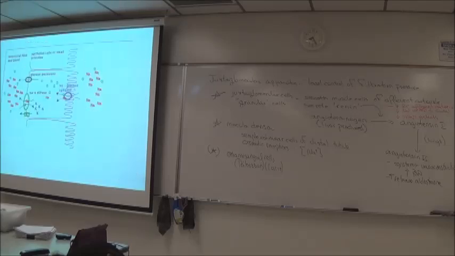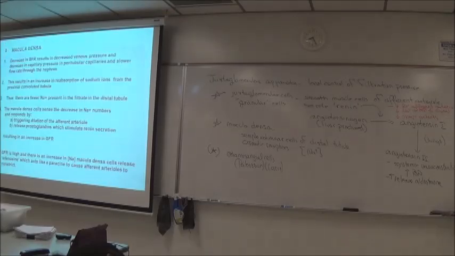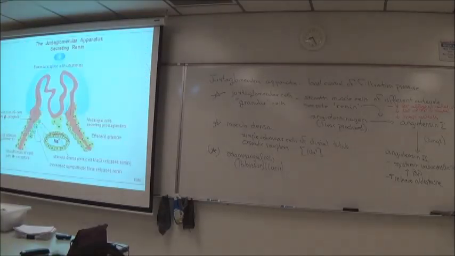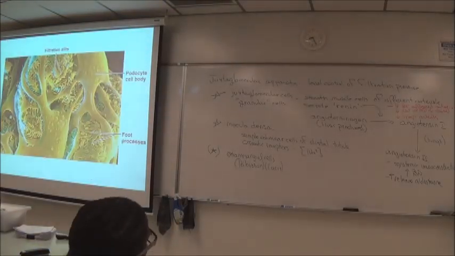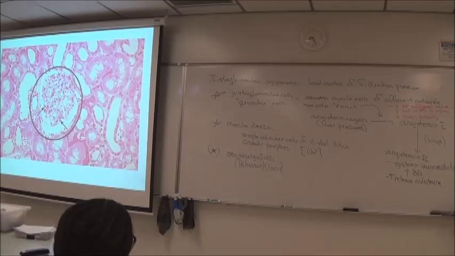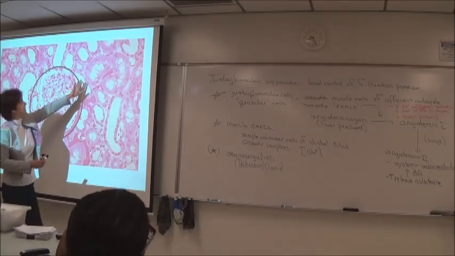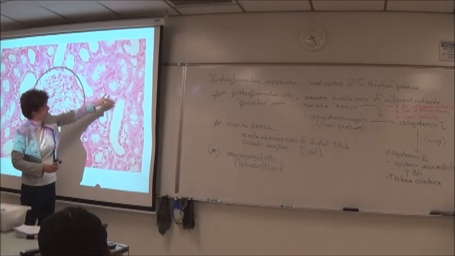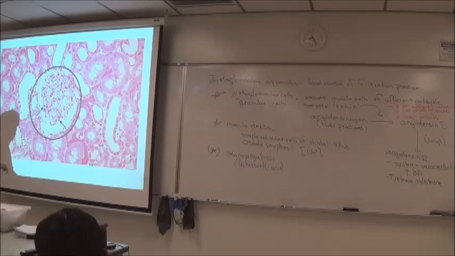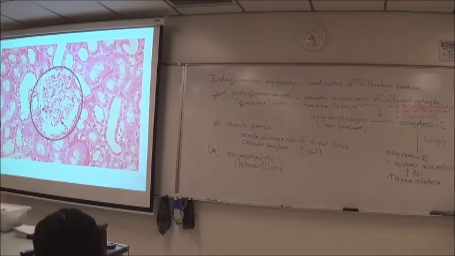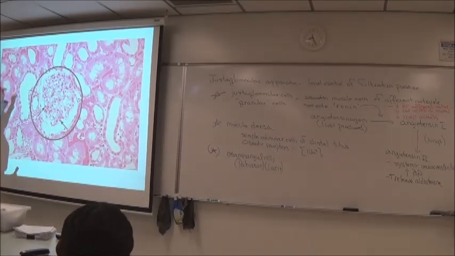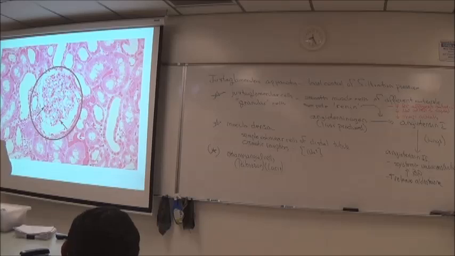Let's see if I have an image of it here I can show you. So these cross sections here and here, here, here and here, here, those are all proximal convoluted tubules.